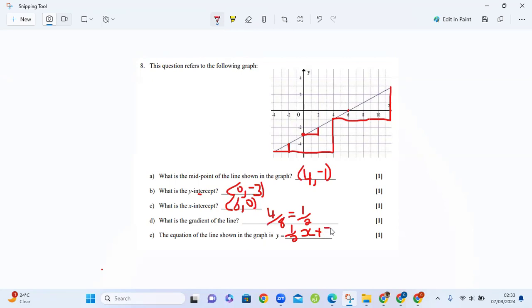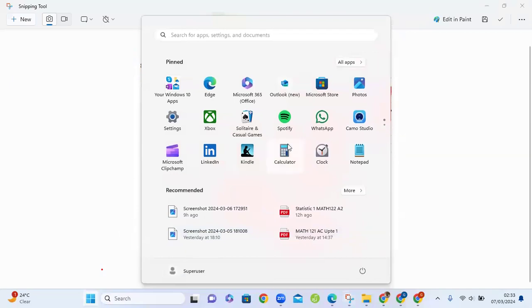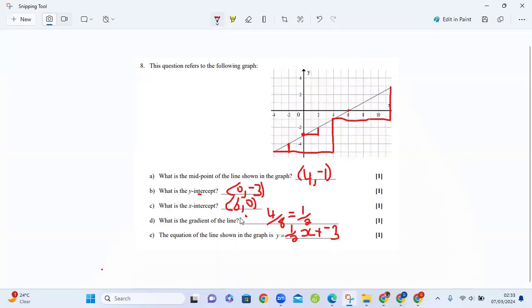So plus -3, or you can just put half x minus 3. The equation is y equals a half x minus 3. You don't have to put the plus and minus, you can just put minus 3.